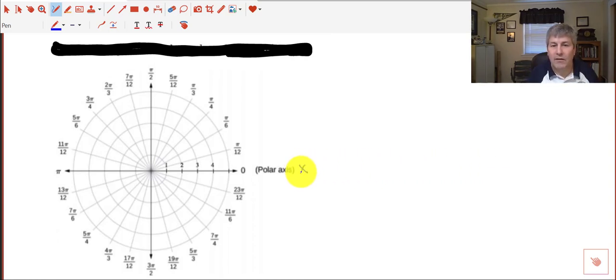Our polar axis is what was formerly our x-axis, and each one of these is a theta, or some angle, from that polar axis. So if you see these angles here of pi over 6, pi over 4, pi over 2, and pi, and you see the unit circle, you are definitely on the right track.